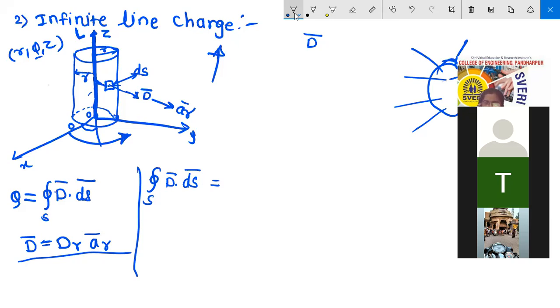So this cylinder has a top surface, a bottom surface, and a side.